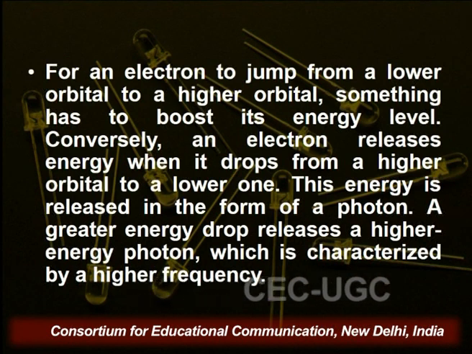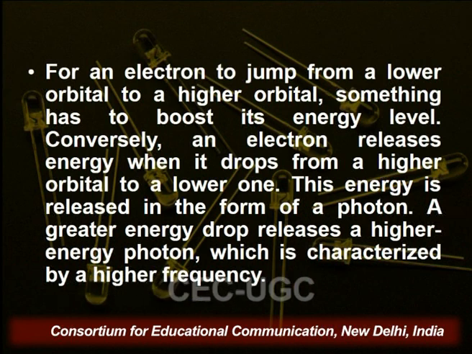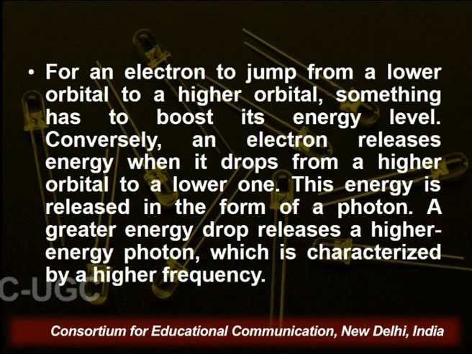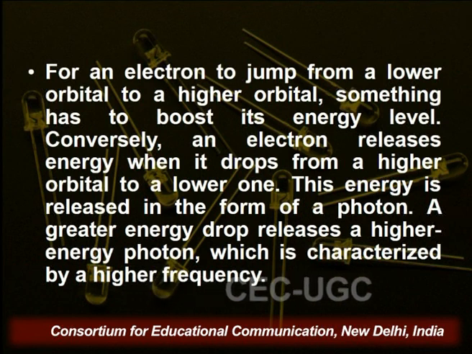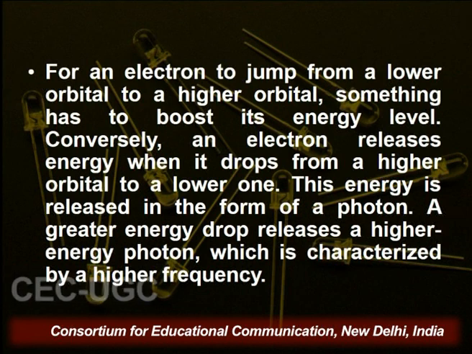For an electron to jump from a lower orbital to a higher orbital, something has to boost its energy level. Conversely, an electron releases energy when it drops from a higher orbit to a lower orbit. This energy is released in the form of a photon, and that photon generates light.